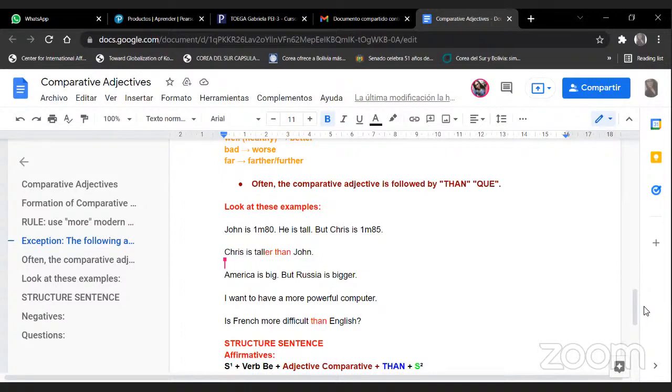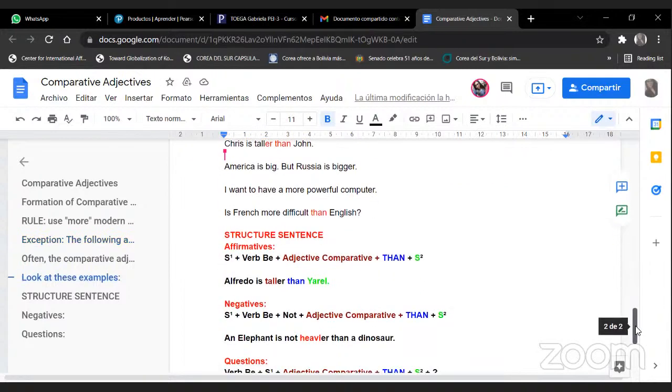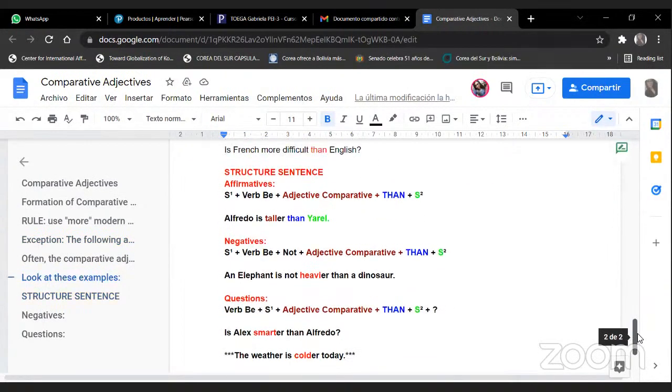When we talk about the structures for making comparisons, we have in affirmatives this first one. First, we put the first subject.